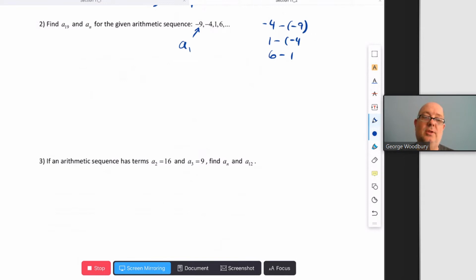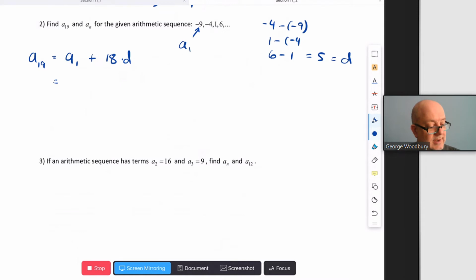One of these is easier than the others. 6 minus 1 is 5. That is the common difference, but we could get it from any of those three. So if we know that a1 is -9 and d is equal to 5, we can find a sub 19. That is equal to a sub 1 plus 18 times d.